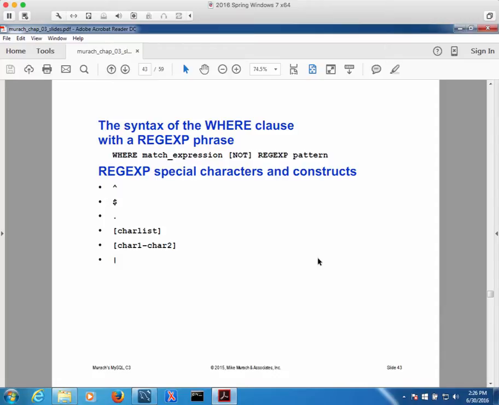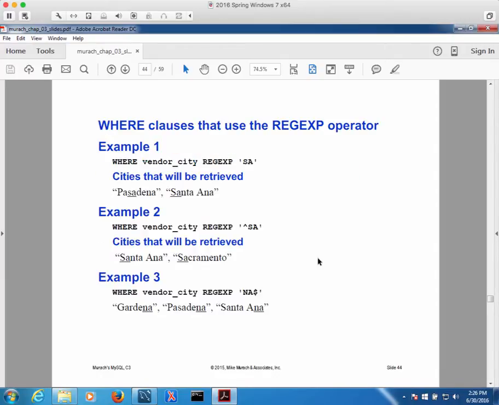There are a couple of good places to go on the net to learn about regular expressions. But here are some examples.